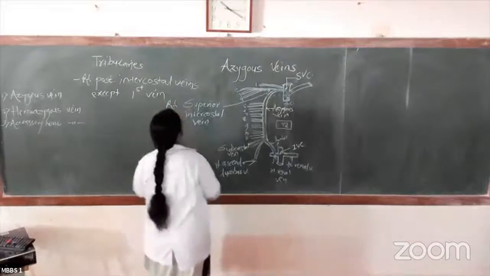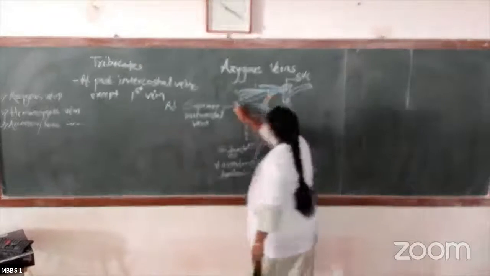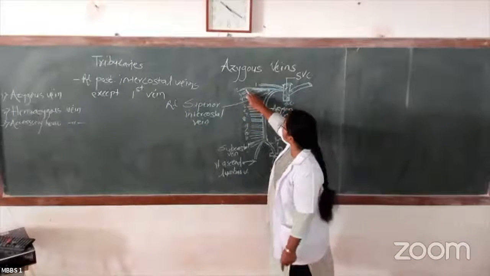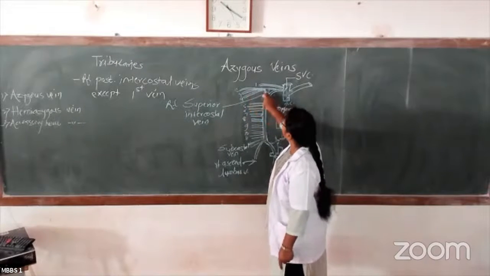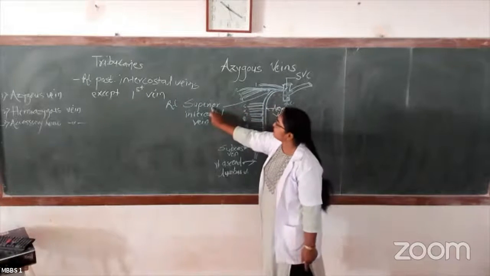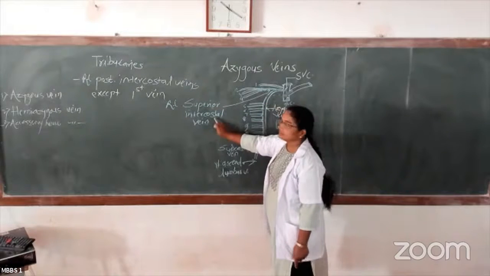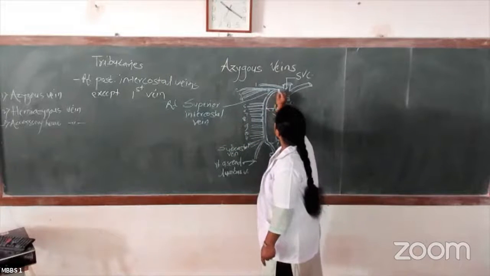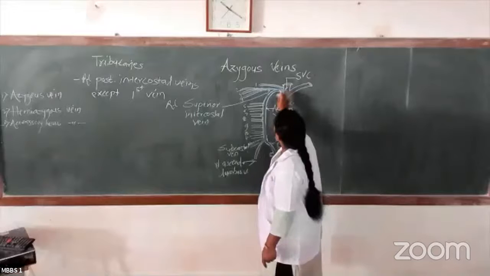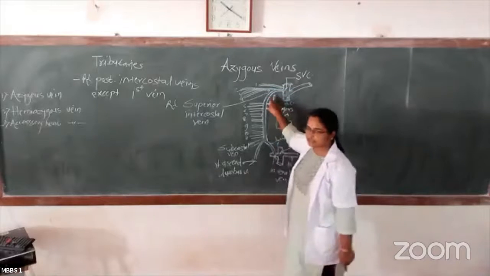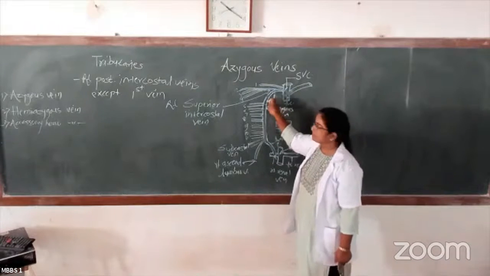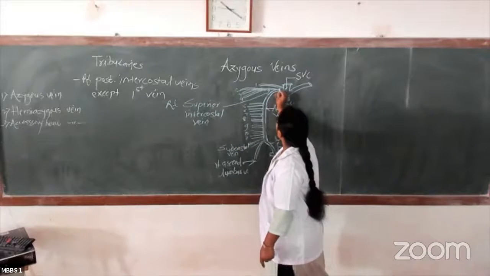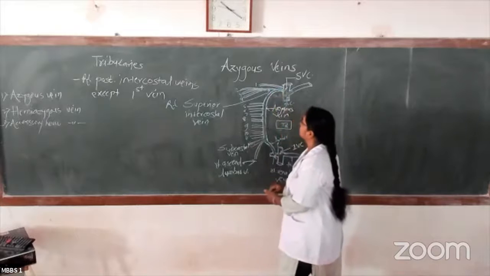Here it is the right-sided superior intercostal vein, which drains into the arch of the azygous vein. See here, this superior intercostal vein drains into the arch of the azygous vein.